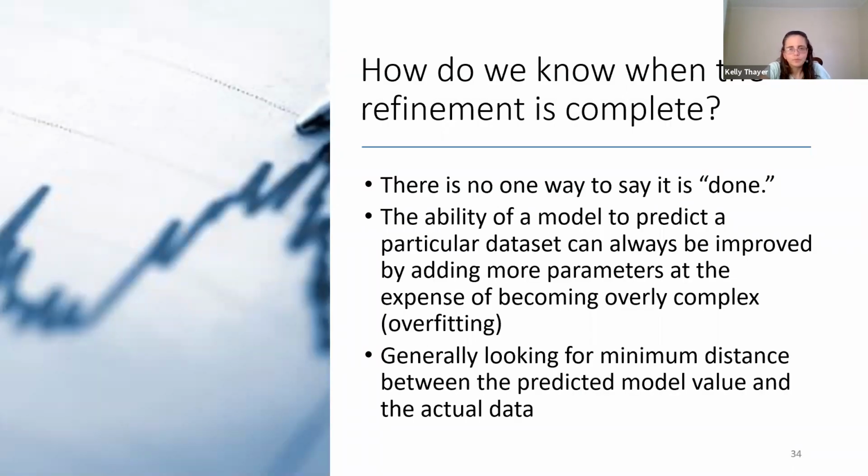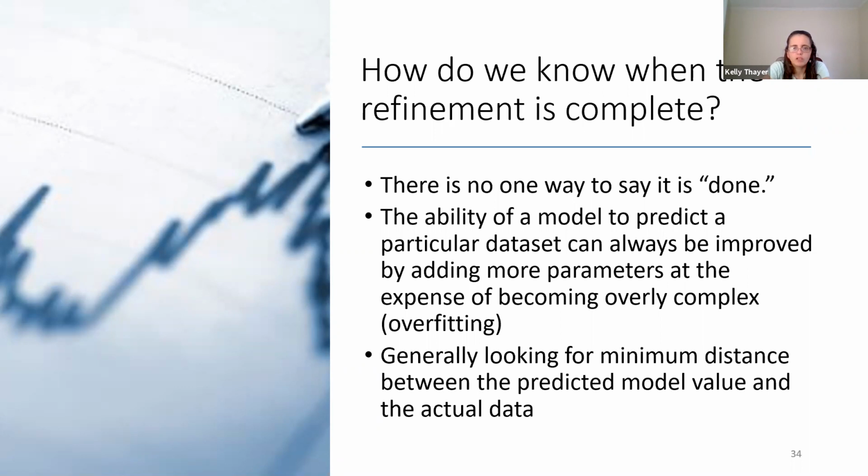So how do we know when the refinement is complete? So in fact, actually, there's no way to say it's quote done. The ability of a model to predict a particular data set can always be improved by adding more parameters at the expense of becoming overly complex. Imagine drawing a line to separate two categories. How could we make it more and more perfect?